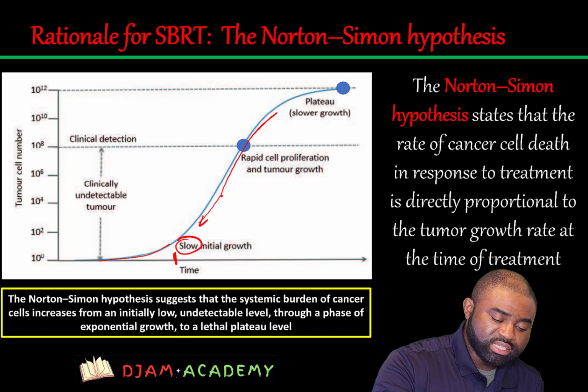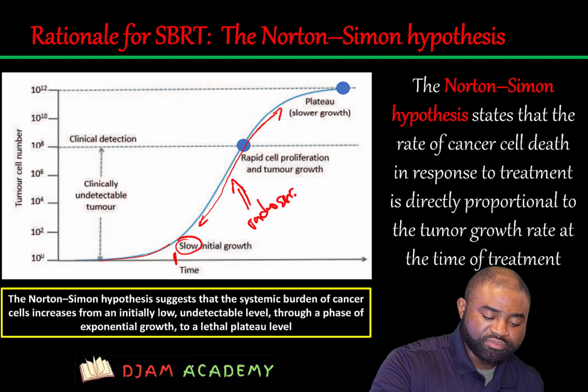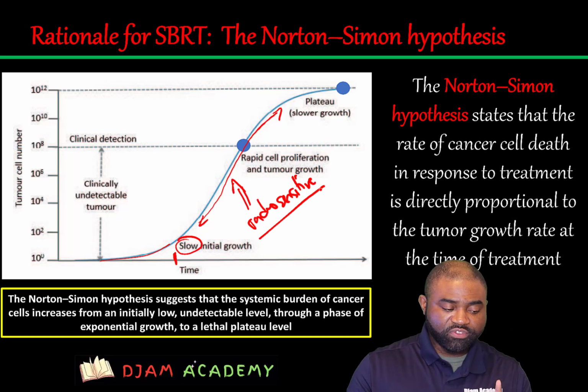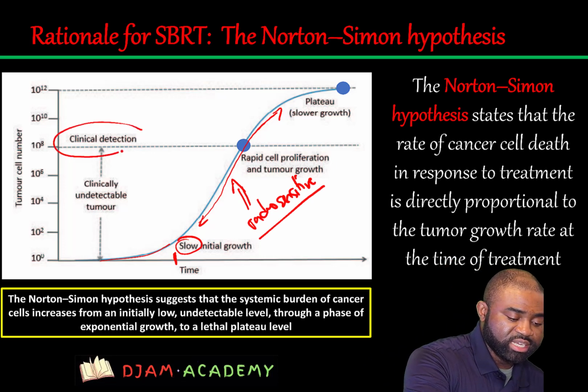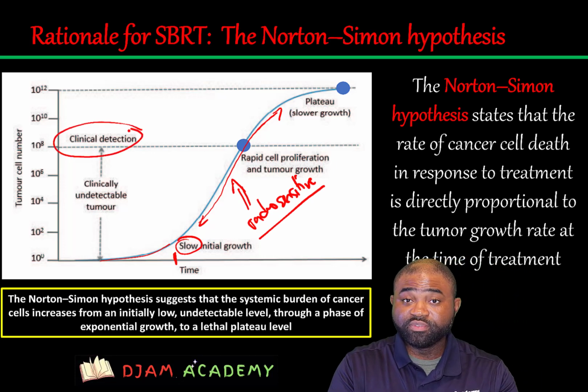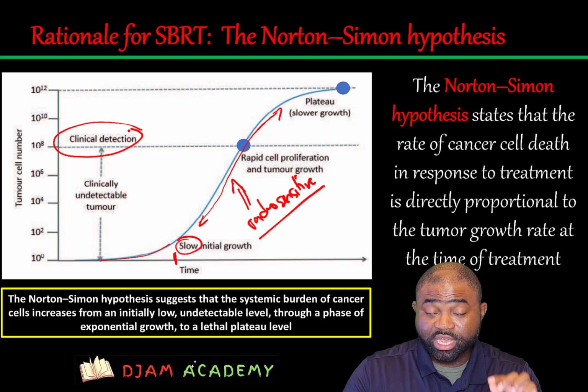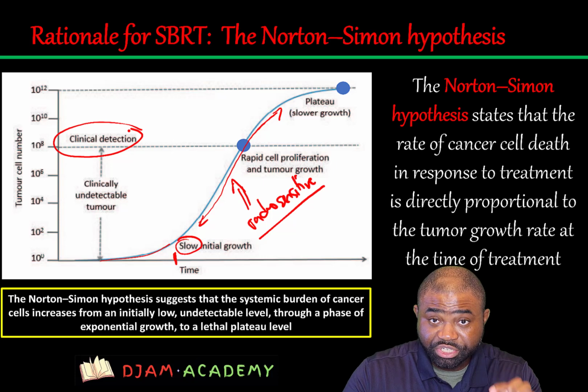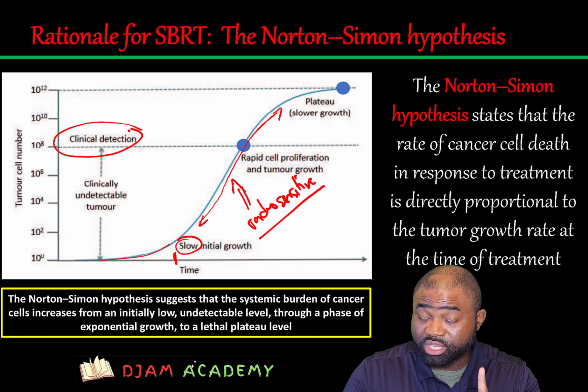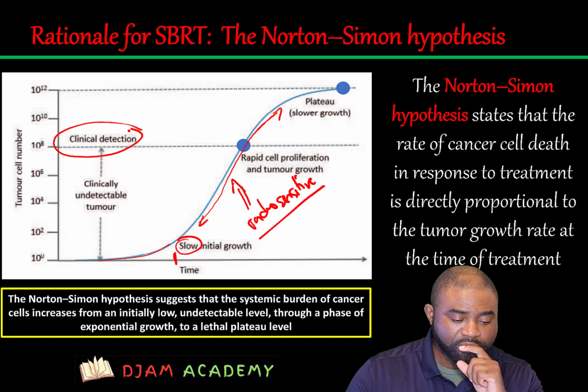Now, during the accelerated growth phase, the cells themselves are highly radiosensitive. And if the cells are highly radiosensitive when they are clinically detected, we stand to believe that if we aggressively pursue these cells with ablative radiation doses, we can actually heal or cure the patient.